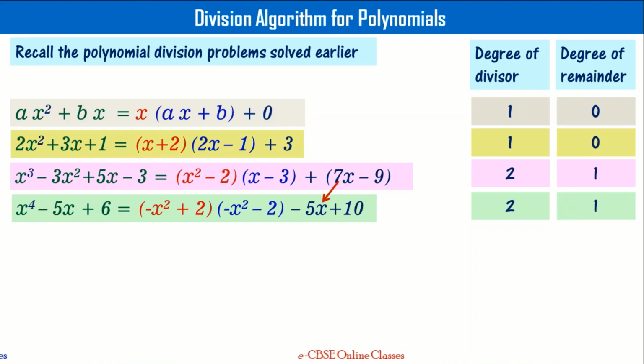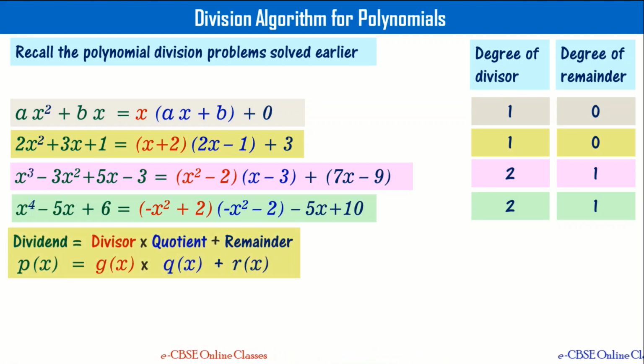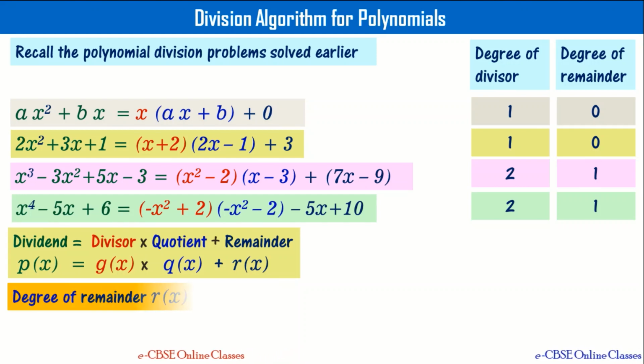When you see this, what you have understood is, for example, if I write this particular thing as p of x equal to g of x times q of x plus r of x, when I denote the dividend using p of x, the divisor using g of x, the quotient using q of x, and the remainder using r of x, then what I can say is the degree of the remainder r of x is less than the degree of the divisor g of x, right?